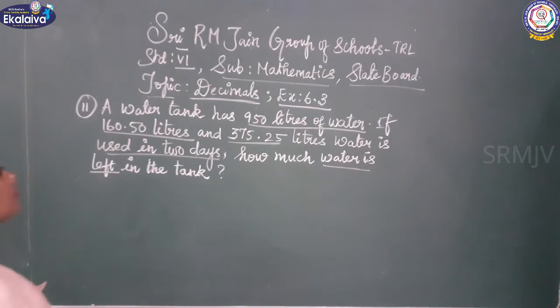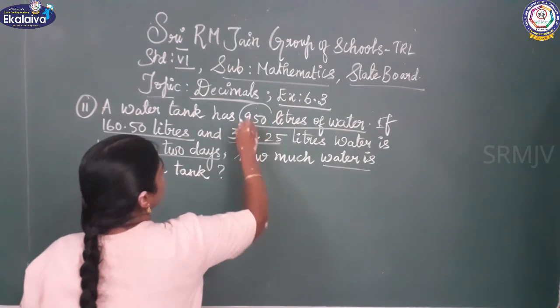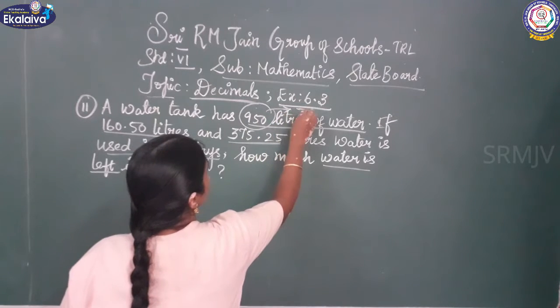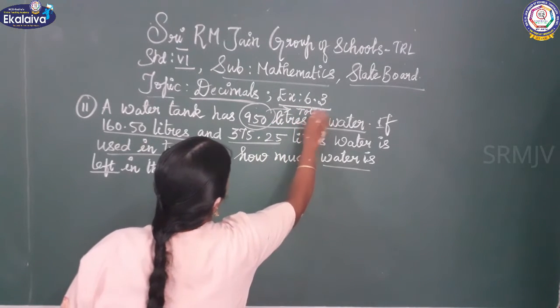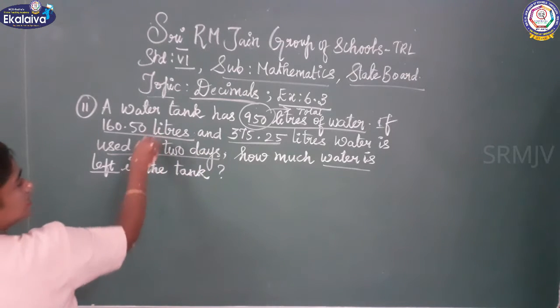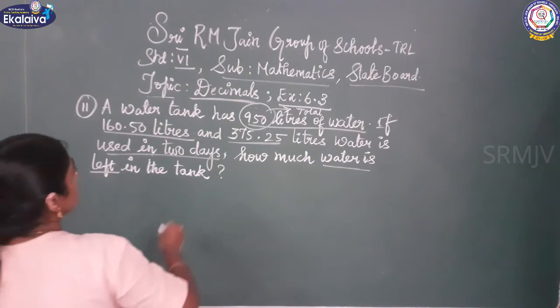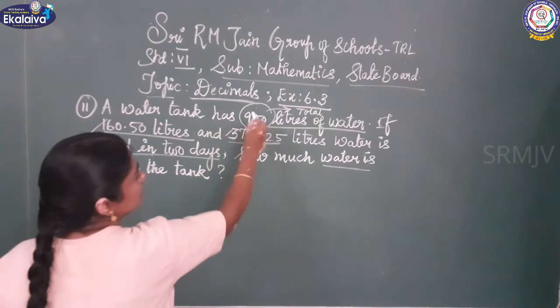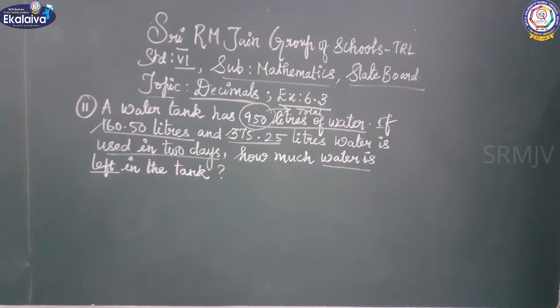So this is your total. 950 is the total liter. In that I am going to subtract what is used, this 160.50 as well as 375.25. If I subtract, I can get the left amount.